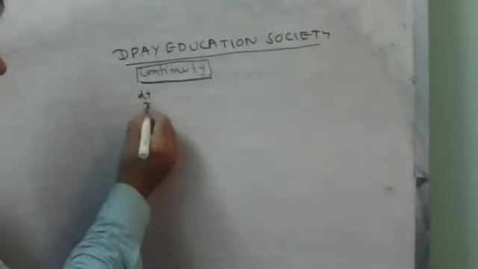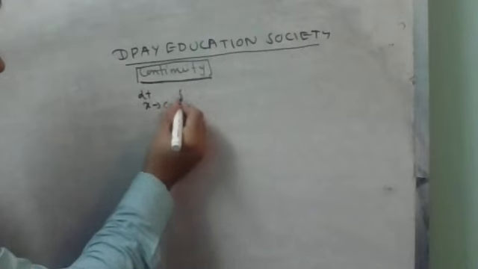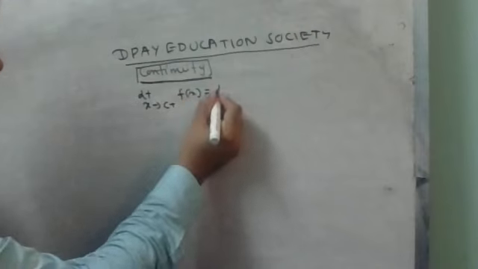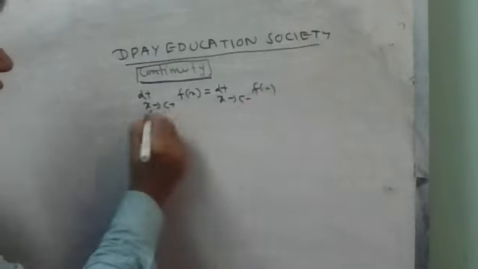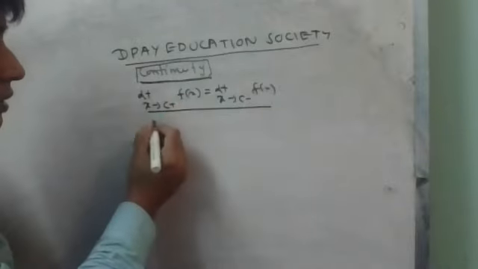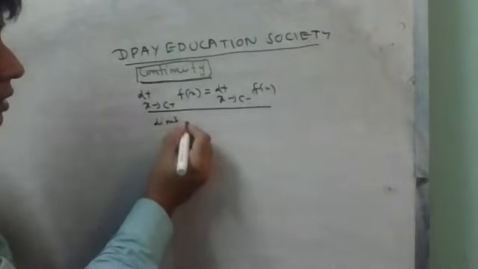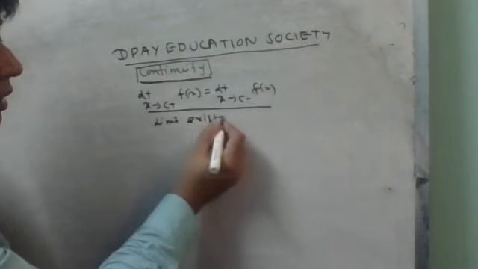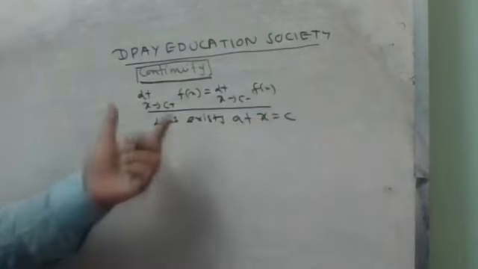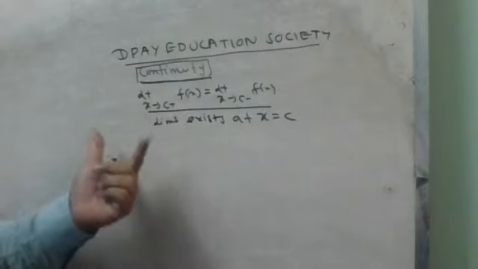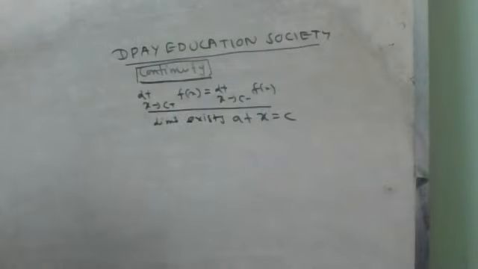We are taught that limit as x tends to c plus of f(x) is equal to limit as x tends to c minus of f(x). In that case, the limit exists at x is equal to c.